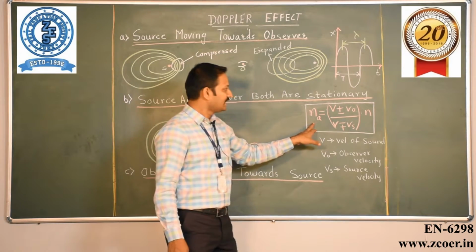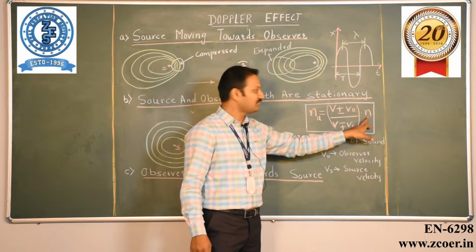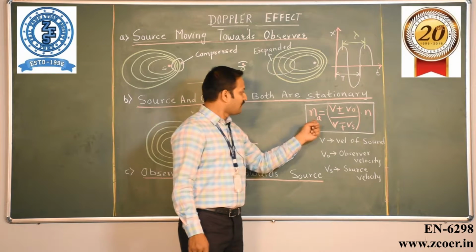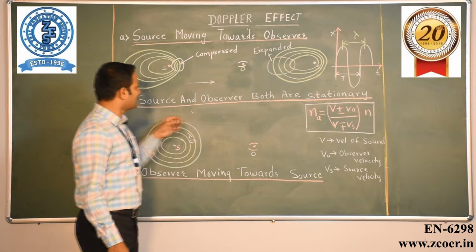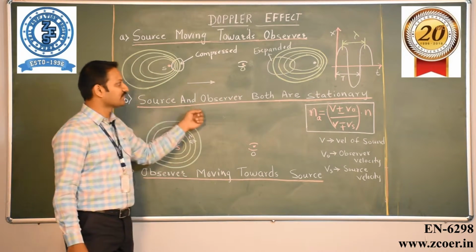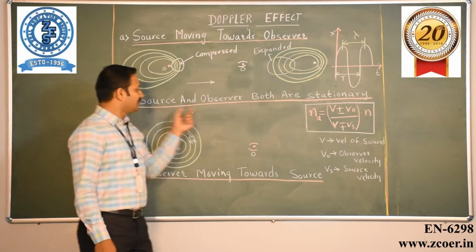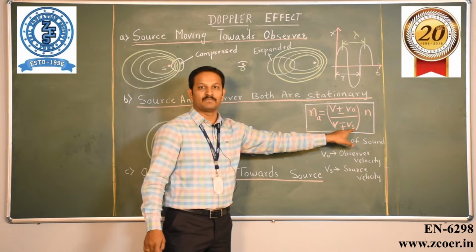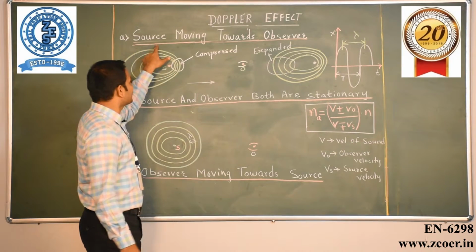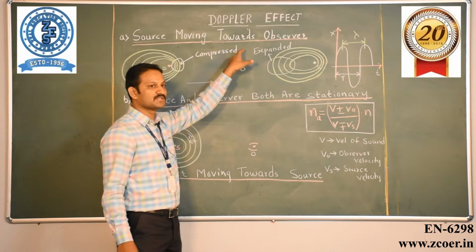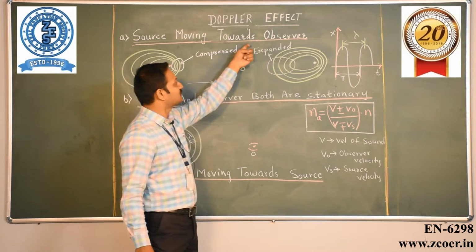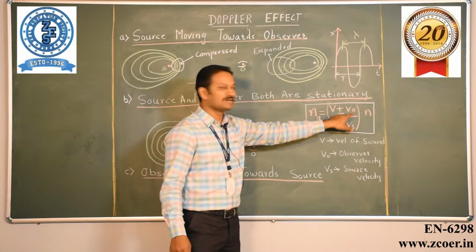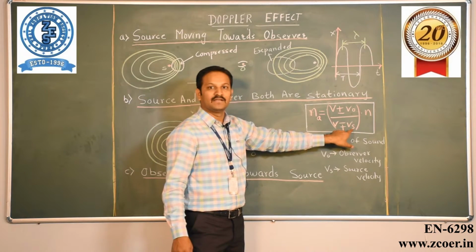Now initially this n is the frequency of sound that is generated from that particular ambulance. Now apparent change in the frequency, if you take an example as source and observer, both are stationary. If both are stationary, Vo and Vs will become 0. In second case, if the source is moving towards the observer, that means the observer is stationary and the source is moving. So Vo becomes 0 and Vs increases.